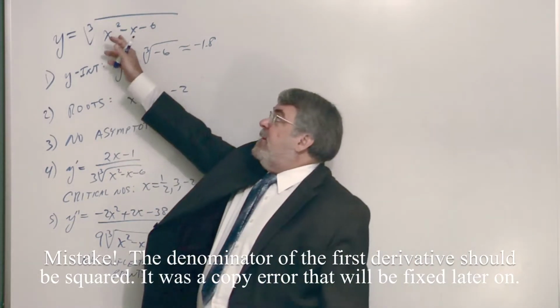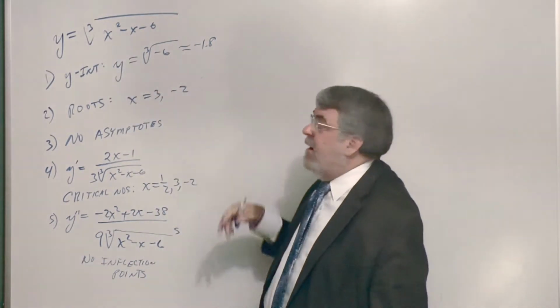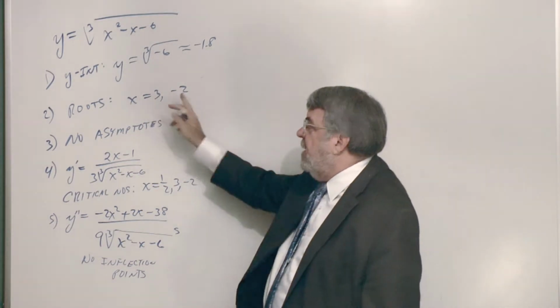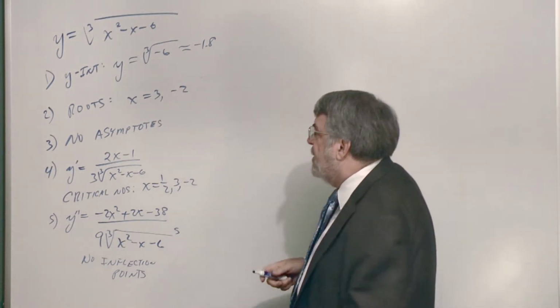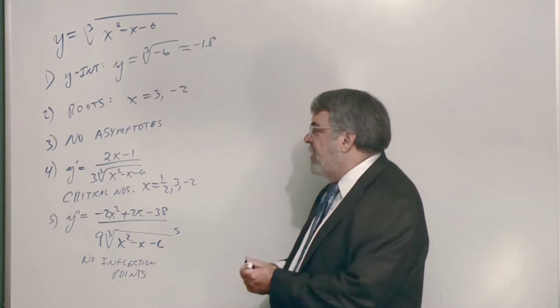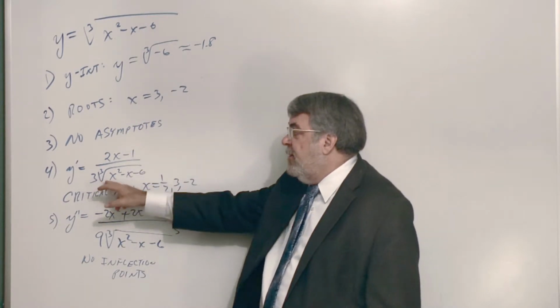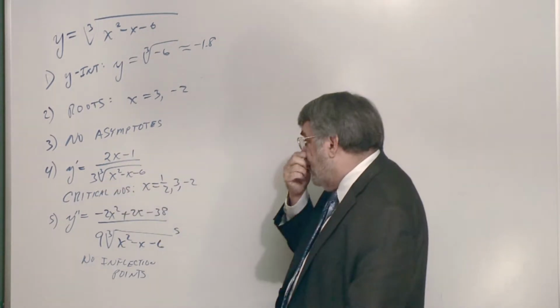Here's the original function. The y-intercept was around negative 1.8. Roots are 3 and negative 2, where it crosses the x-axis. We found no asymptotes. The first derivative I wrote in radical form: 2x minus 1 over 3 times the cube root of x squared minus x minus 6.